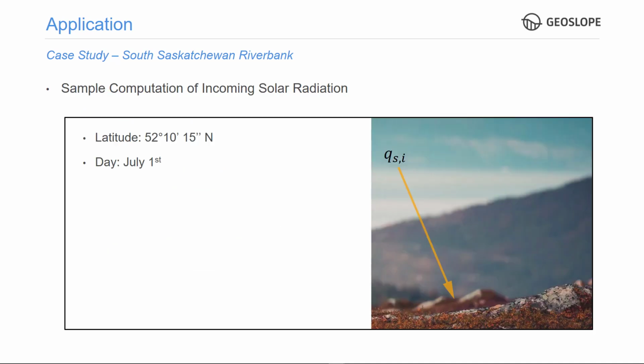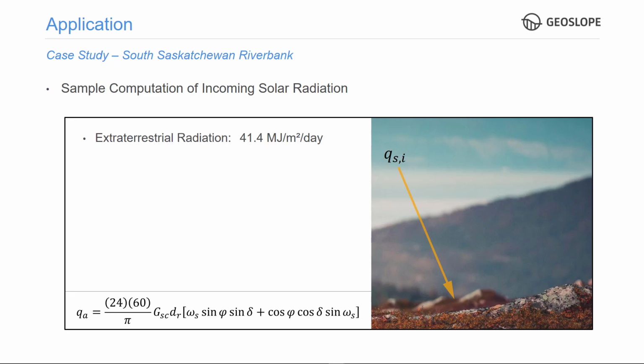Let's once again walk through the computations for a specific day. Once again, taking July 1st. The only additional input that we need is latitude. The first step in this process is to compute the incoming extraterrestrial radiation flux using the equation shown at the bottom of the slide.